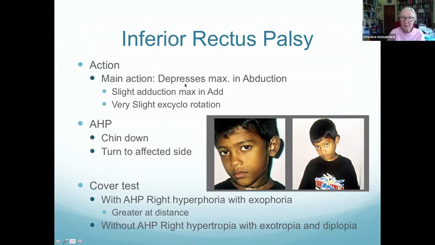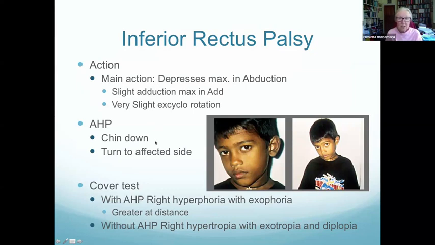So remembering the inferior rectus is our main strong depressing muscle, and it works more effectively when the eye is abducted by 23 degrees. And the secondary actions are very minor. So it has a slight adduction effect and a very slight rotatory cyclo effect.